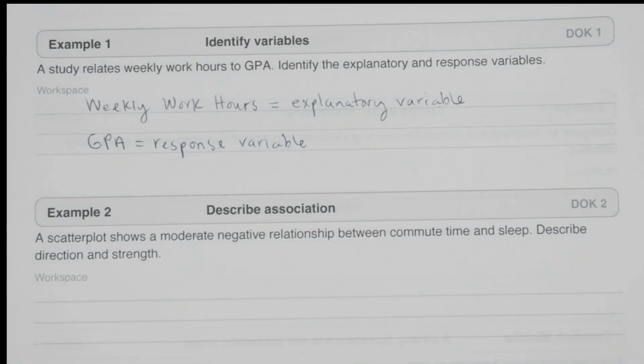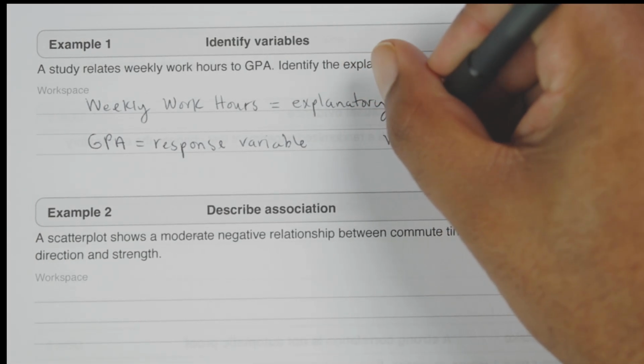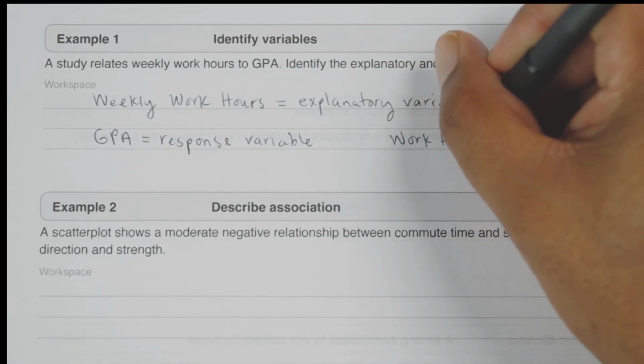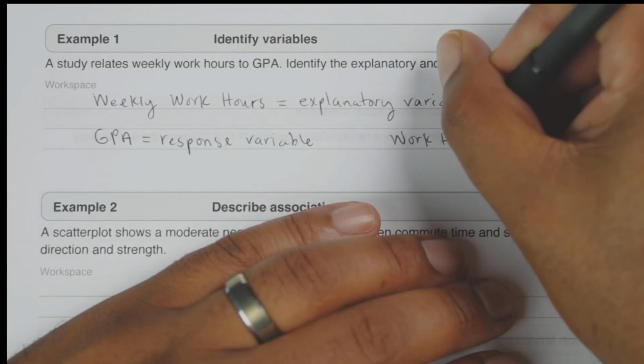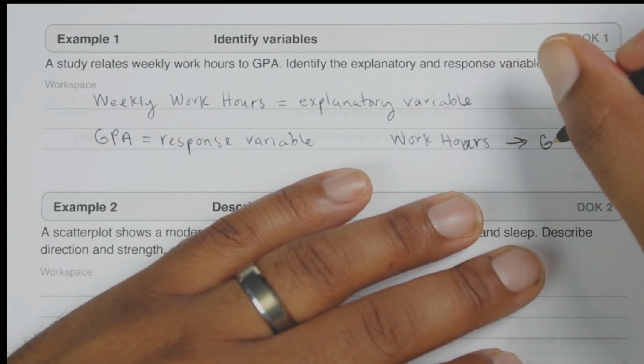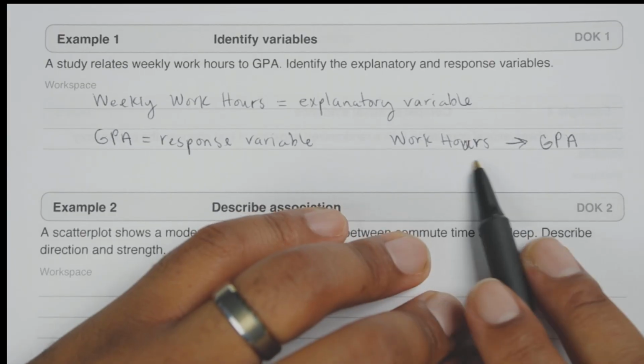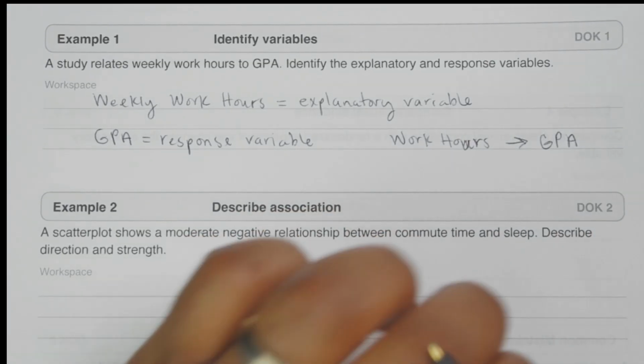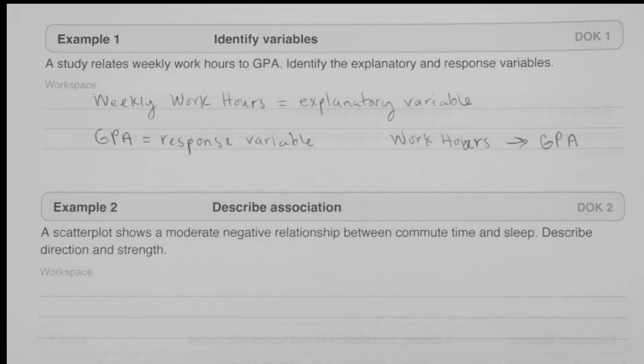So we can think of the relationship as work hours and GPA. There's a correlation between work hours and your GPA. But this does not automatically mean that work hours cause changes in GPA, right? Because many of you probably work a job or could work a job and still maintain a really high GPA.